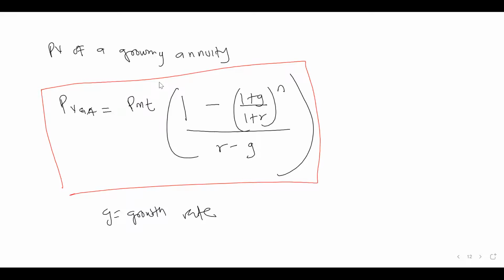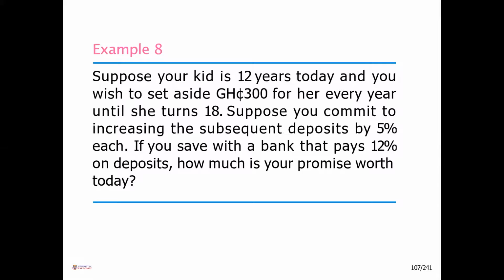The example in the slide says that suppose your kid is 12 years today and you wish to set aside 300 CDs for her every year until she turns 18. So the difference is 6 years.